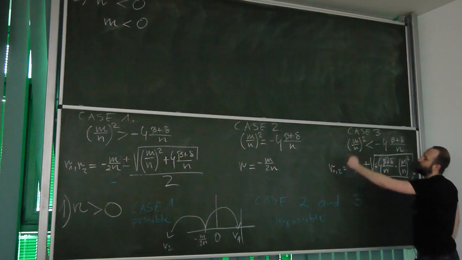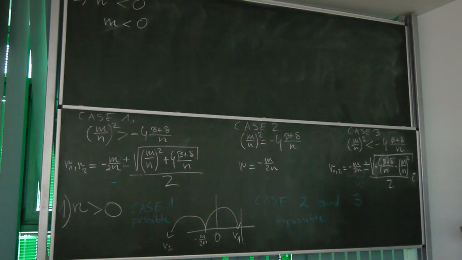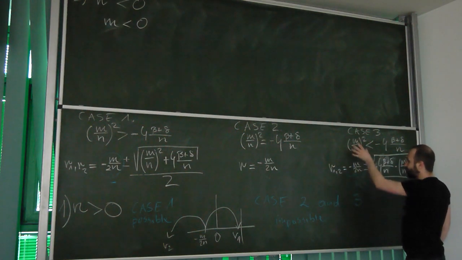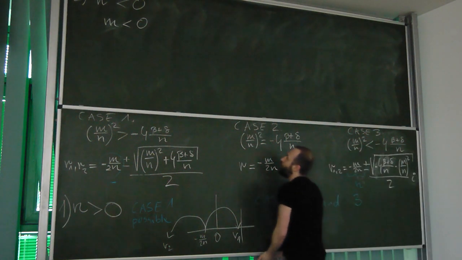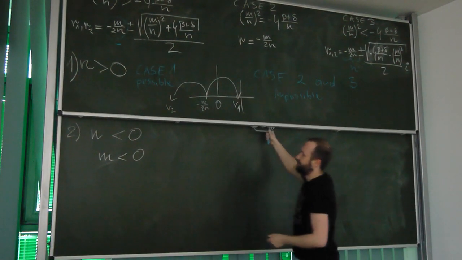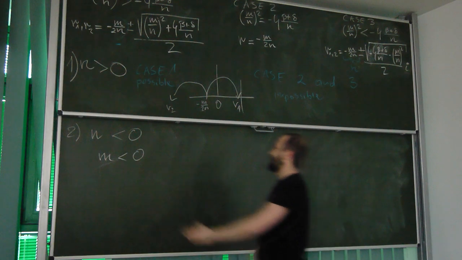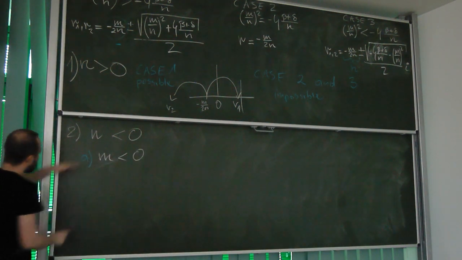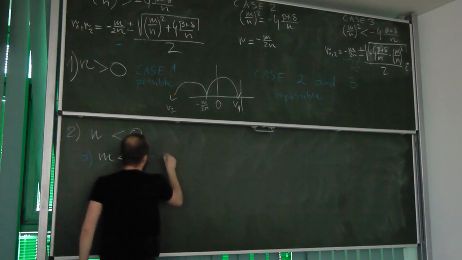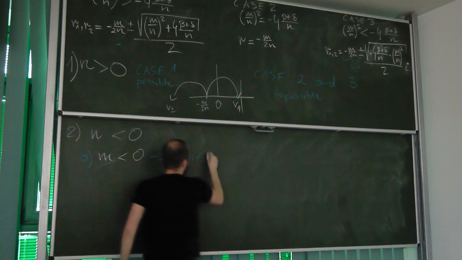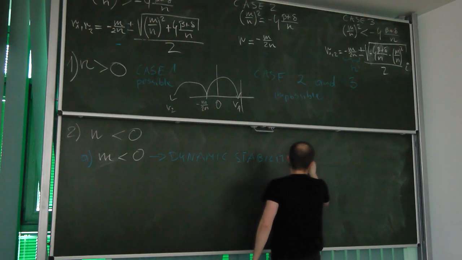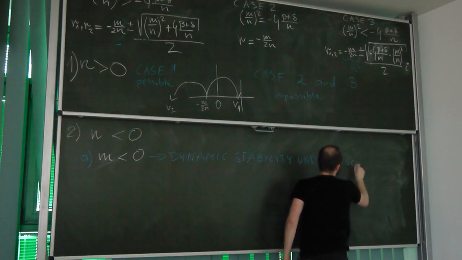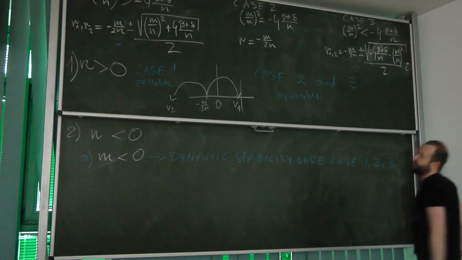And look, again, we clearly see that the real part of the root is going to be negative. So under all three cases, when we have negative m and negative n, we have dynamic stability under case 1, 2, and 3.